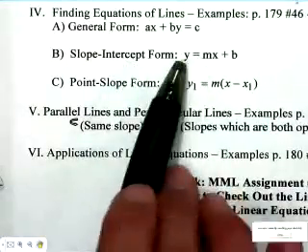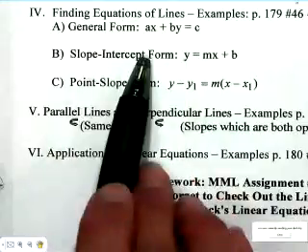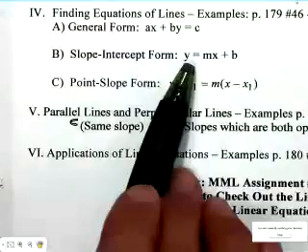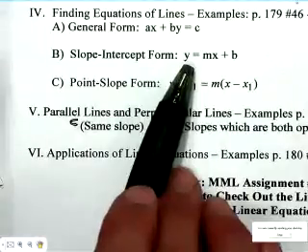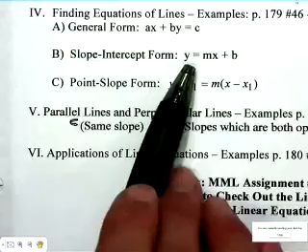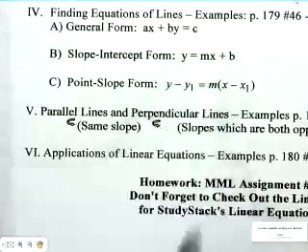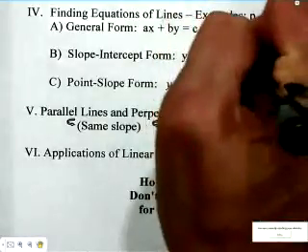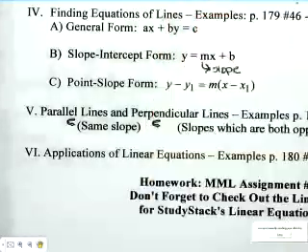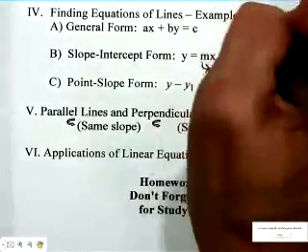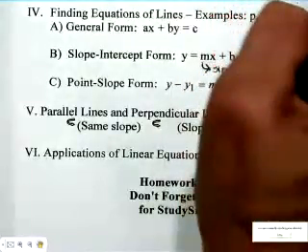Whenever the y is by itself, that's slope-intercept form, and it's useful because if you have an equation in slope-intercept form, you can automatically see 2 very important characteristics of that graph. The coefficient of x, whatever it is, is your slope, and that constant on the end, whatever that is, is your y-intercept.